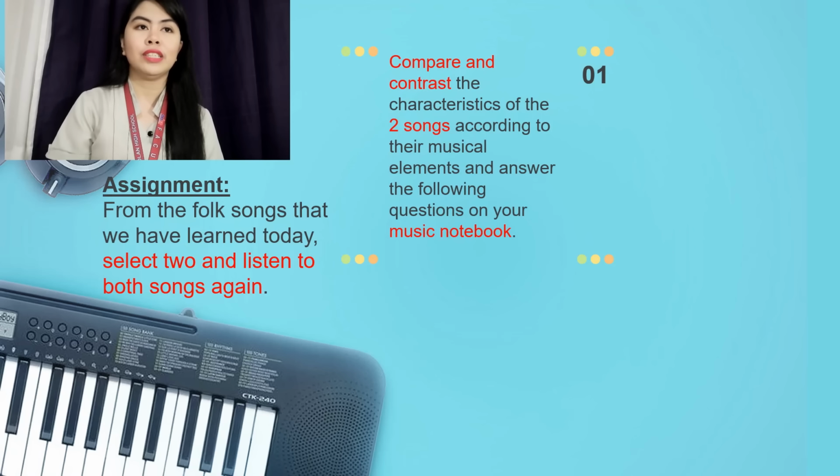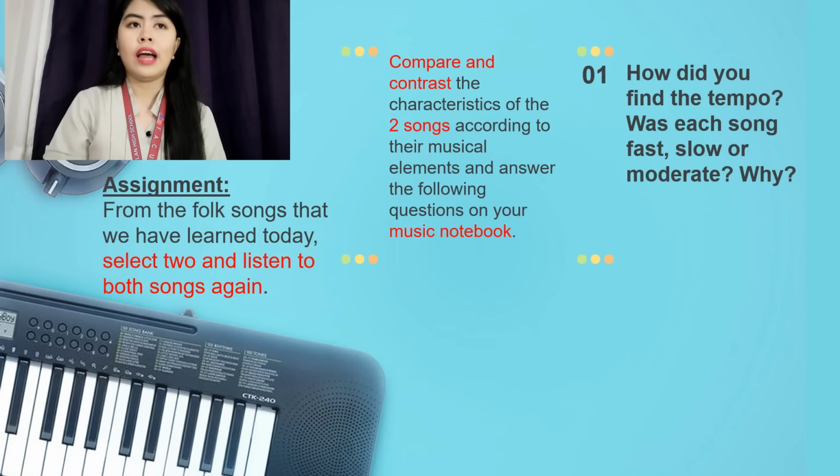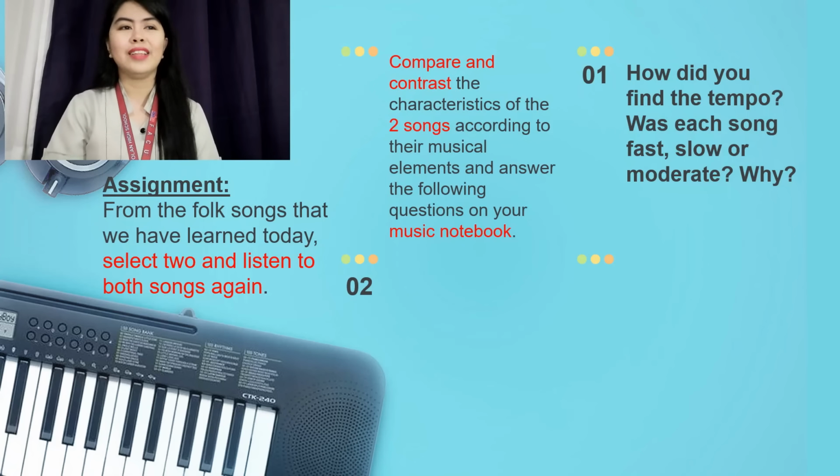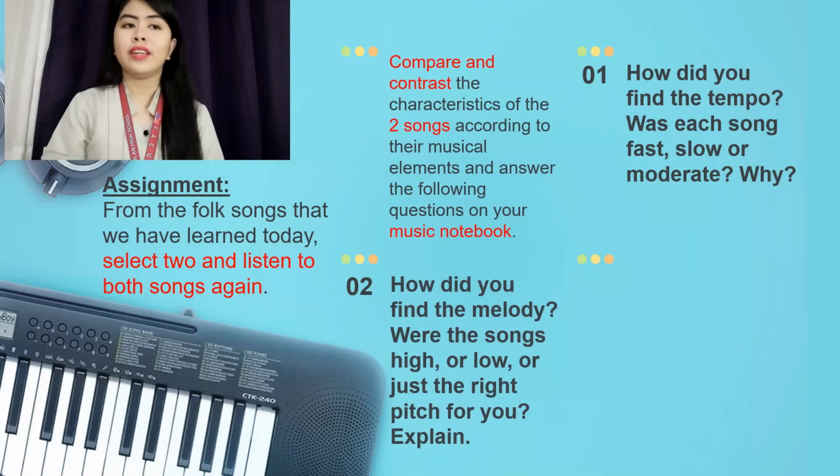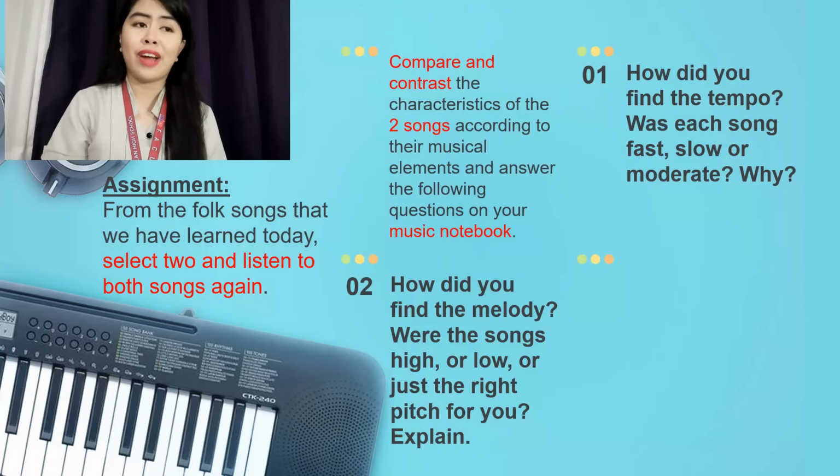So here are the questions. Number 1. How did you find the tempo? Was each song fast, slow, or moderate? Why? Number 2. How did you find the melody? Were the songs high or low, or just the right pitch for you? Explain.